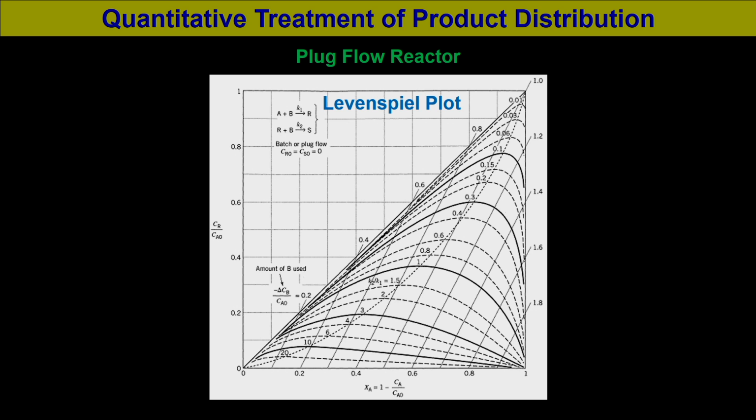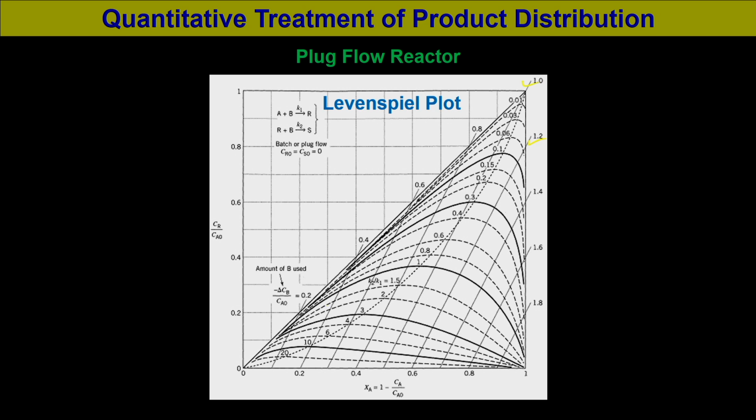So, in this case you can see this plot shows at different K2 by K1 values how the mole fraction or conversion of A changes the product distribution. The y axis is Cr by Ca naught, which is shown over here, and these lines show the delta Cb by Ca naught.